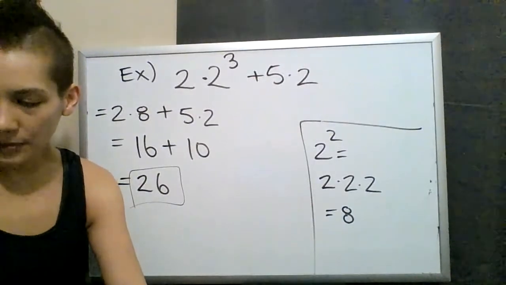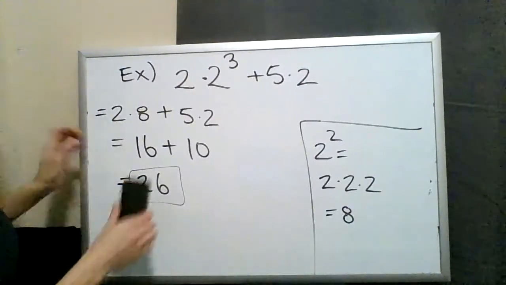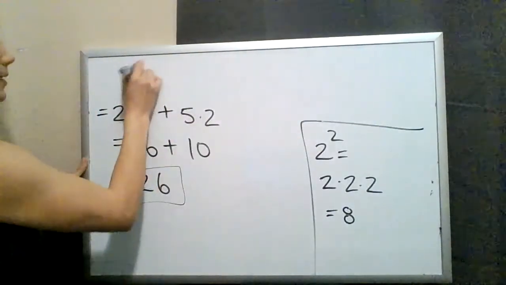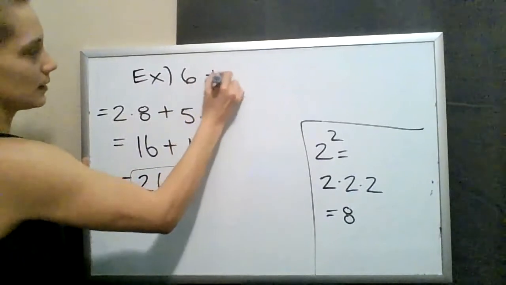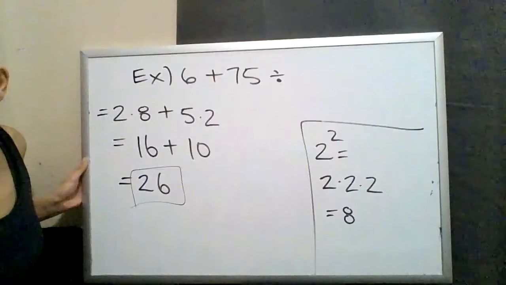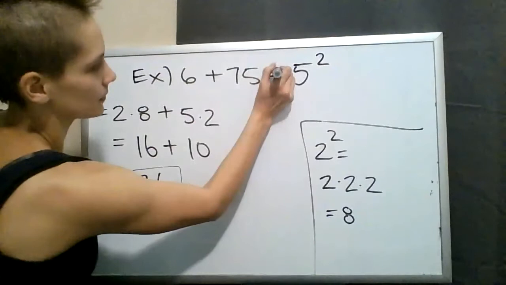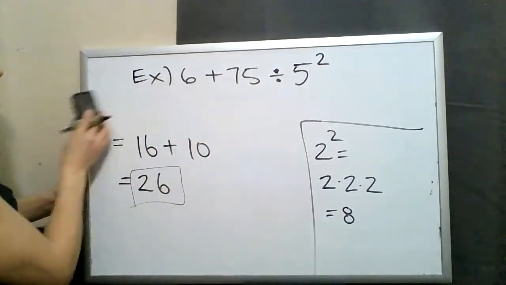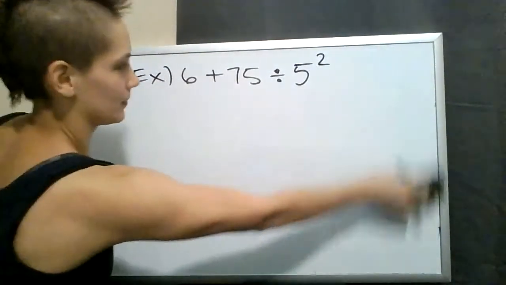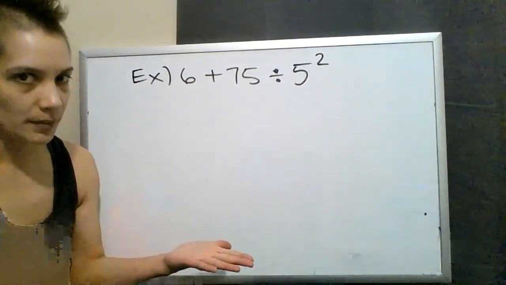In the next problem, I'm going to do 6 plus 75 divided by 5 squared. It's all written straight across. So parentheses, don't have to worry about them.